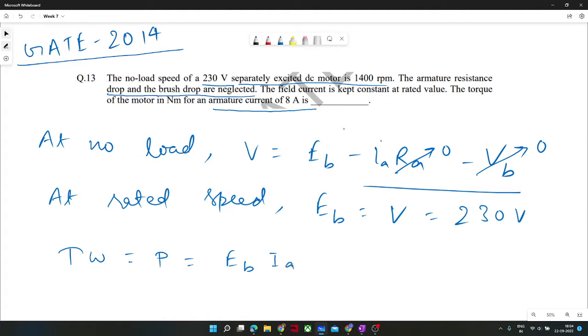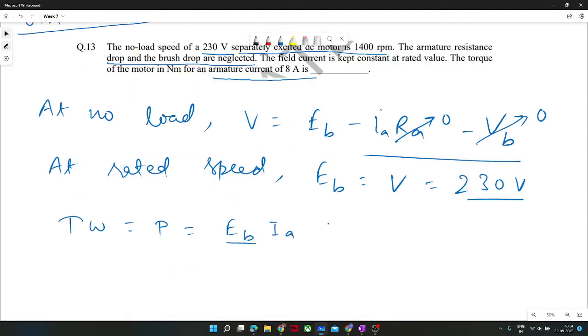Since IA is given in the question and EB we have calculated, we can easily calculate power. So power would be 230 into 8, which comes out to be 1840 watt, right?